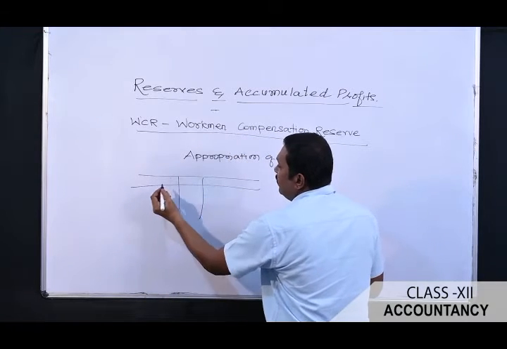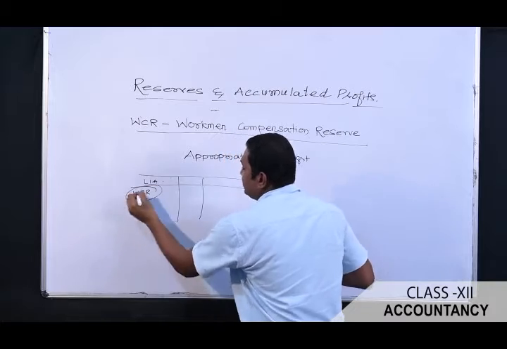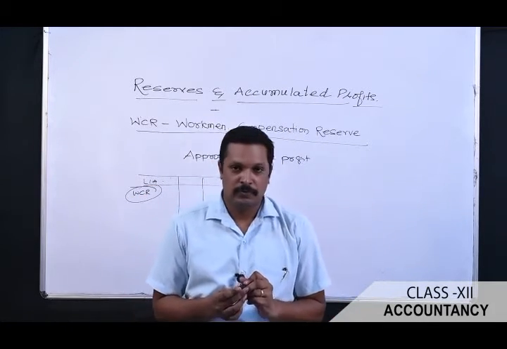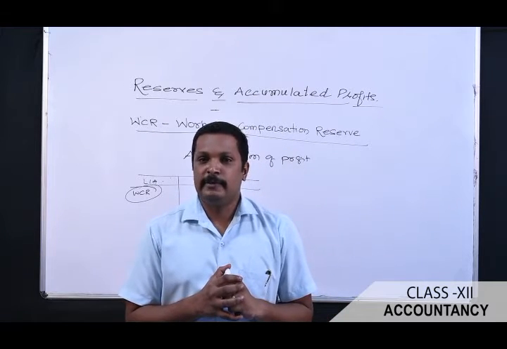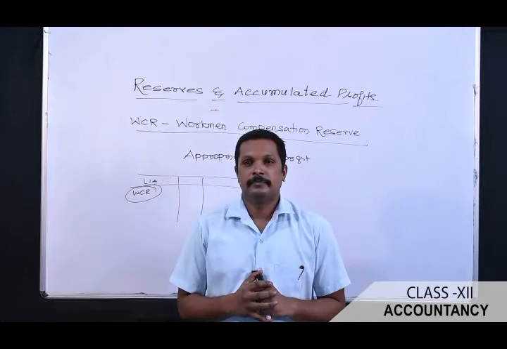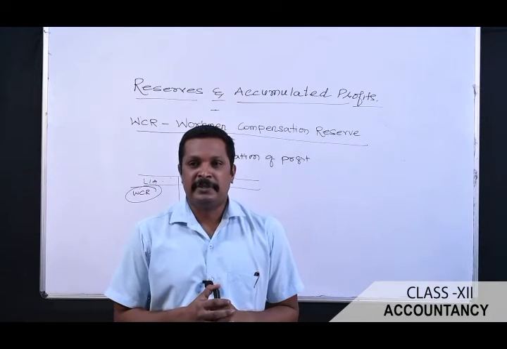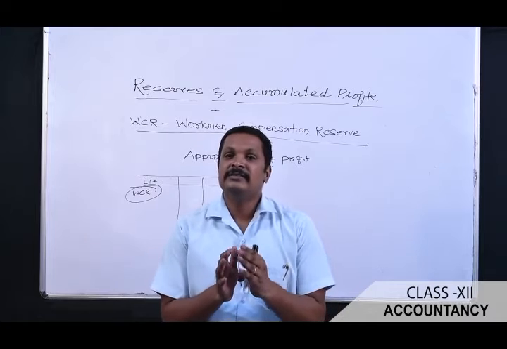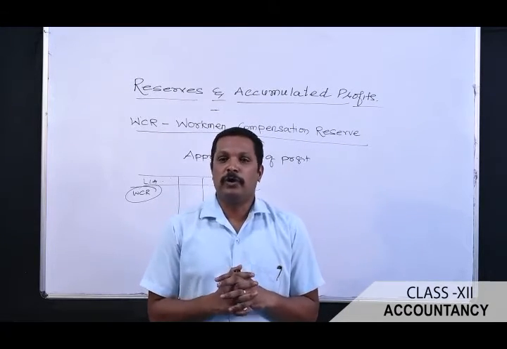Just like general reserve, we have to treat WCR also, right? There are separate cases here. Let's see in the question how WCR is treated. Workman compensation reserve, just like a general reserve, is created for compensation of workmen.